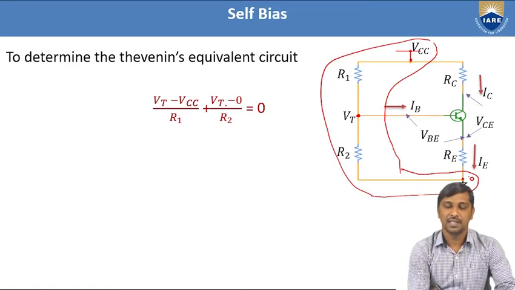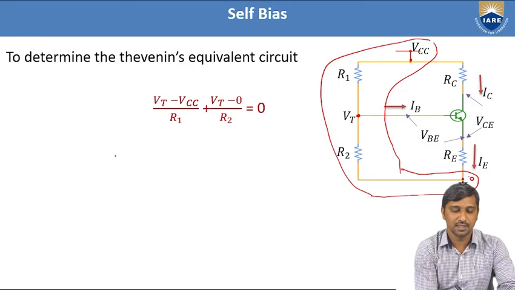Hence, Vt minus 0 by R2, that is equal to 0. From this expression, we need to find out how much Thevenin's voltage, how much equivalent voltage, is generated across this node. So you can expand these terms.